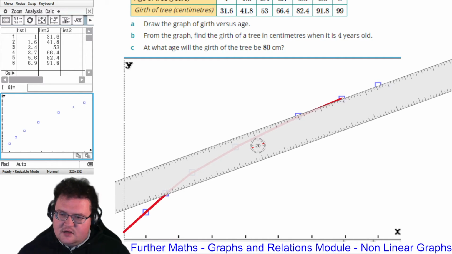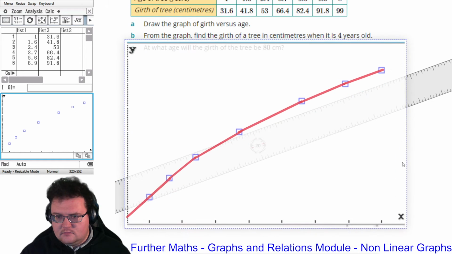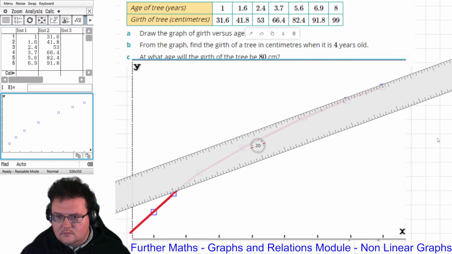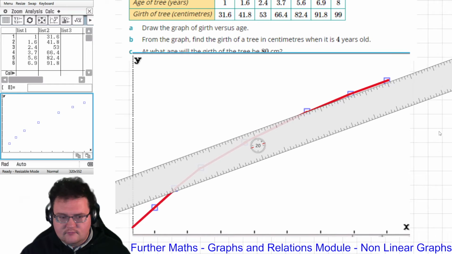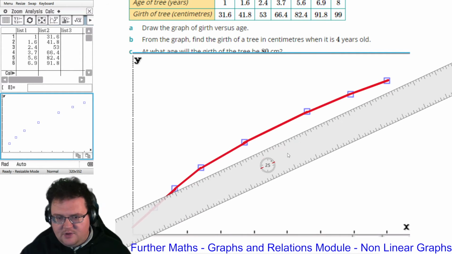Is it flattening out or getting steeper? Yeah, it becomes flatter. So it becomes more steady.